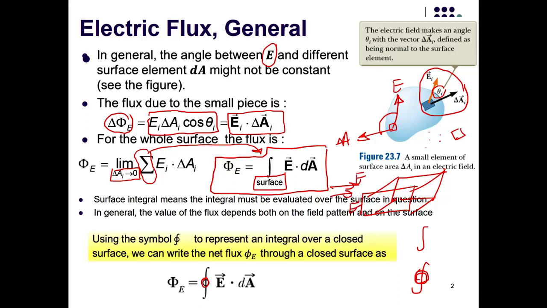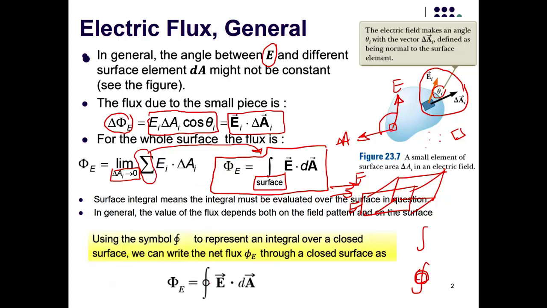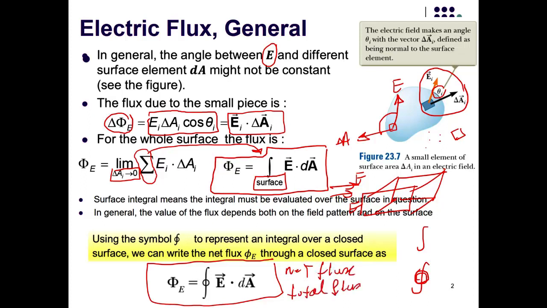If you want to calculate the total flux, you put this circular symbol. In that case, you are calculating the net flux, or total flux. If you haven't seen this, maybe now it's time to learn. This is just a notation we use to represent that the integration has to be carried out over the whole surface.